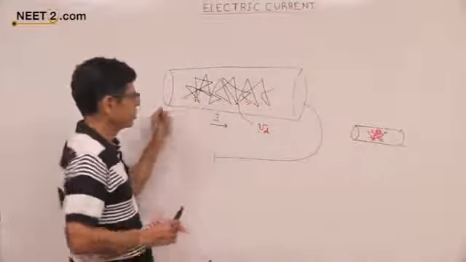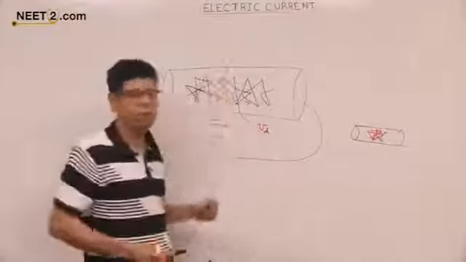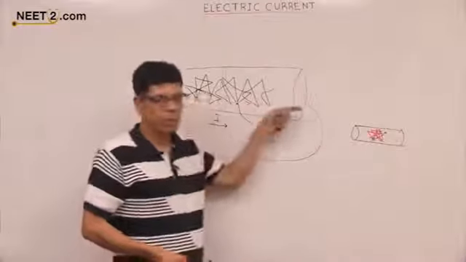In fact, for the purposes of seeing how much charge goes past, the random velocity has no role, and just the drift velocity has the role.